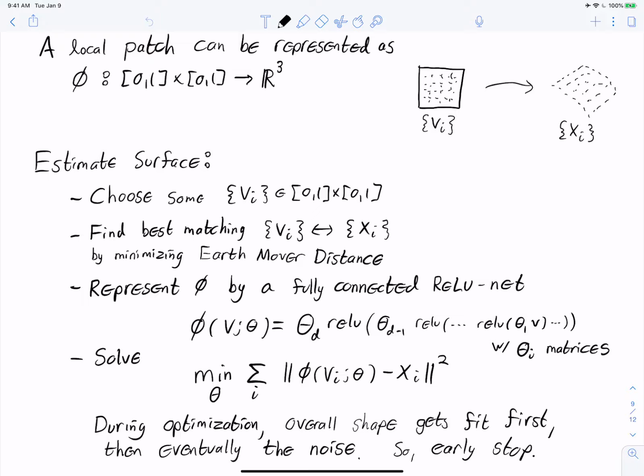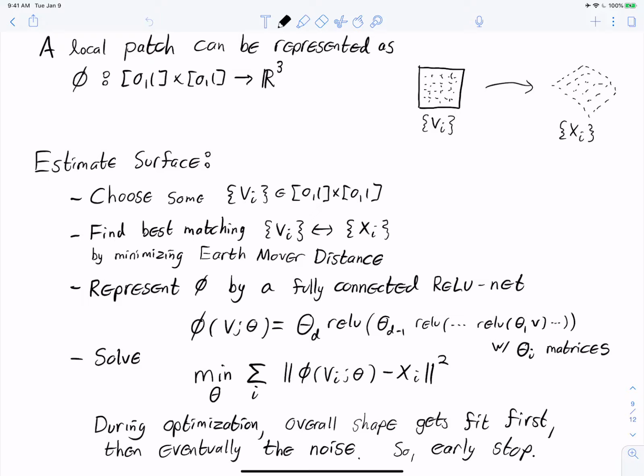You could do this possibly by minimizing the earth mover distance between vi and xi. That is, as stated, a difficult optimization problem to solve, but there are relaxations that make that doable, and you should see the deep geometric prior for the details of how to do that.